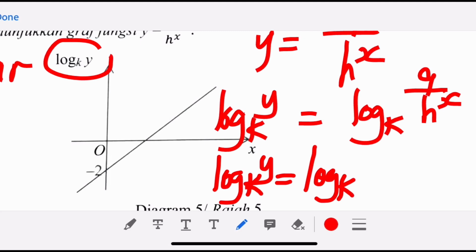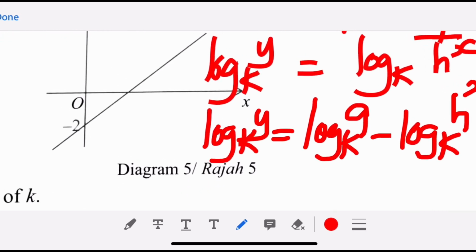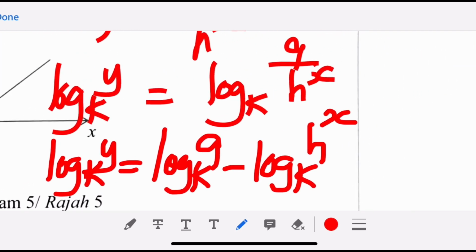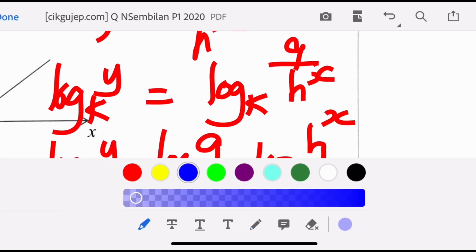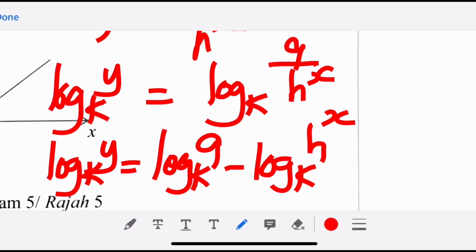Then you need to apply the law of logarithm. So it's log base k 9 minus log base k hx. Remember when you minus, you just follow the law. So it's log k 9 minus log k hx. Make sure you have the base k for both terms, must have the base.